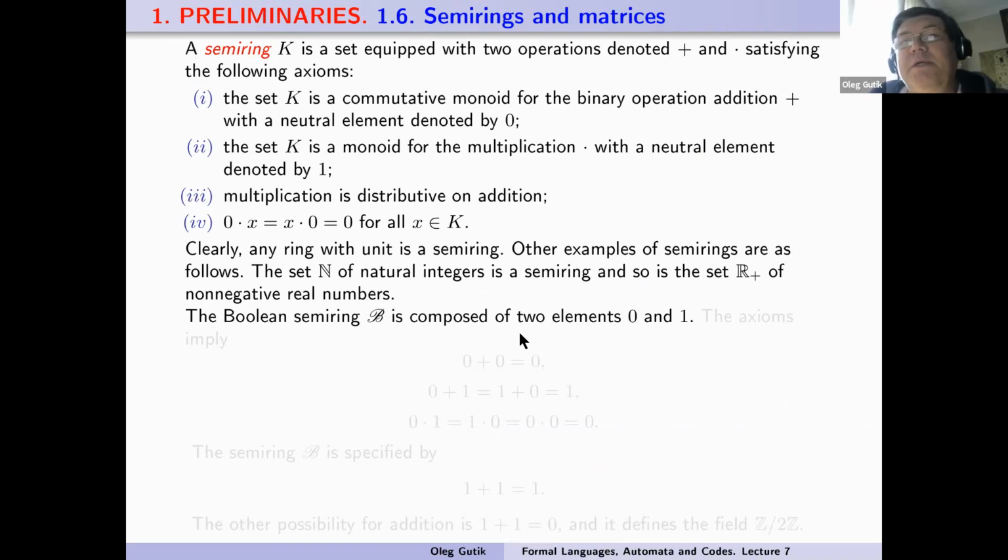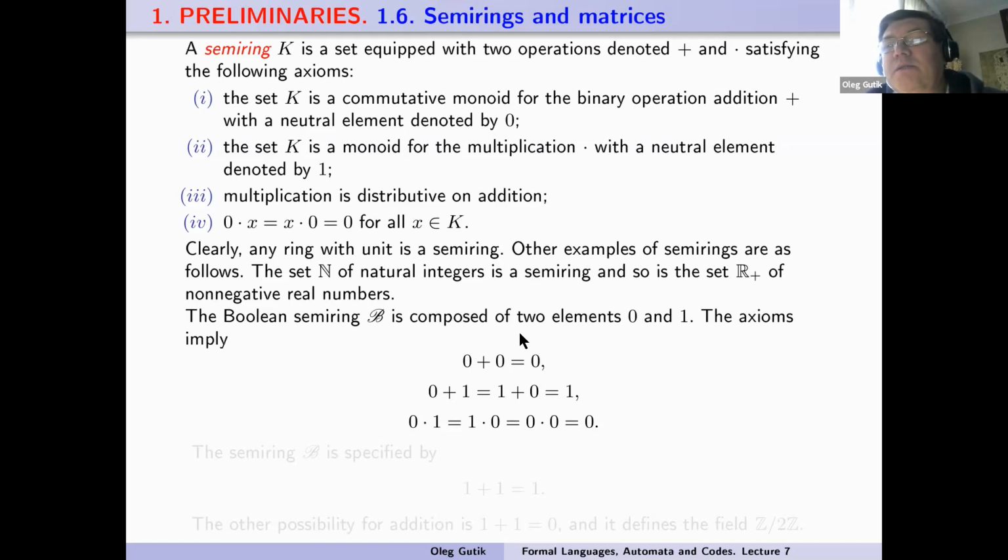The Boolean semiring is composed of two elements, 0 and 1, and the axioms of the Boolean semiring imply that 0 plus 0 is equal to 0, 0 plus 1 is equal to 1, and 1 plus 0 is equal to 1. 0 multiplied by 1 is equal to 1 multiplied by 0 is equal to 0 multiplied by 0 is equal to 0.